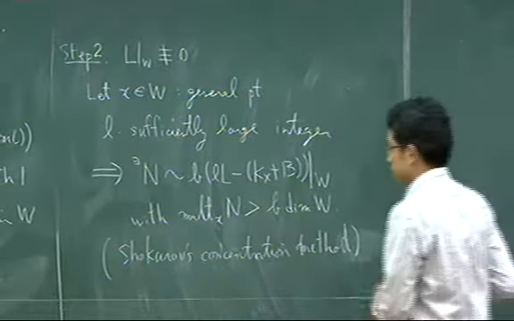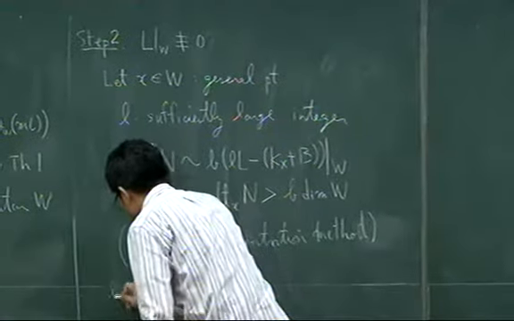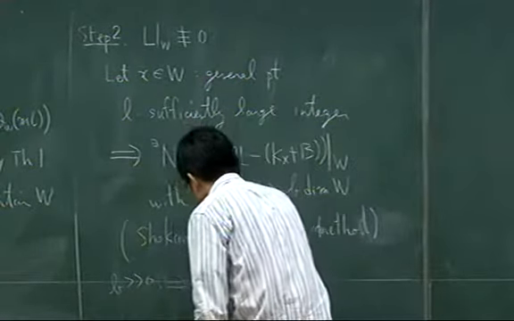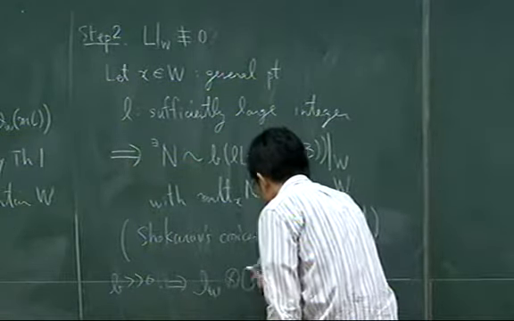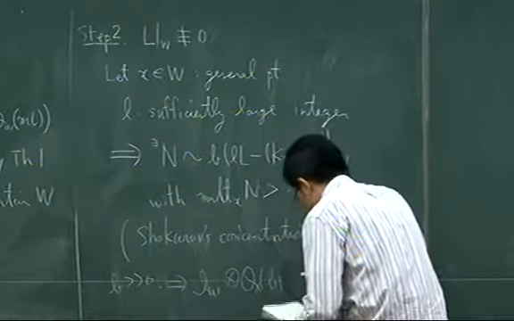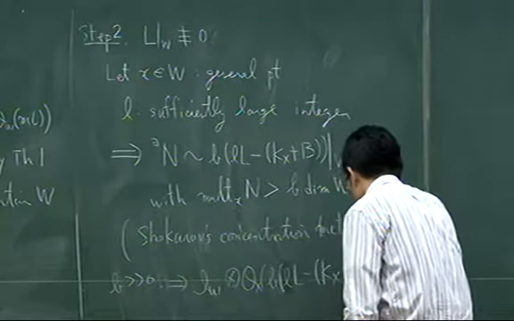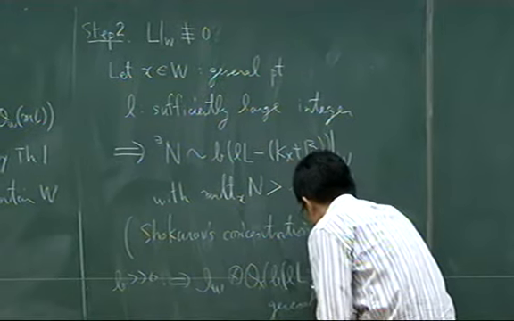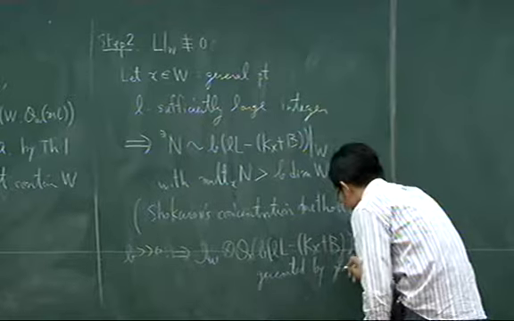In this case, if b is sufficiently large, then the defining ideal sheaf of W tensor O_X(bL minus (K_X plus B)) is generated by global sections.